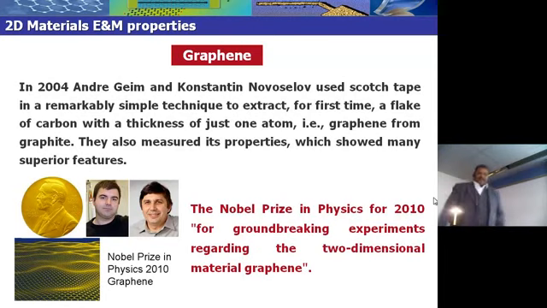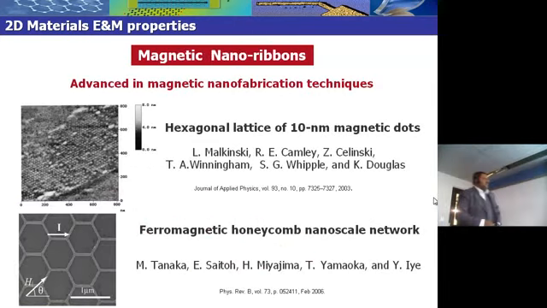At the same time, we have advances in magnetic fabrication techniques. Now scientists, using nanofabrication techniques, were able to make a hexagonal lattice of 10 nanometer magnetic nanodots, and in this case we have two-dimensional nanomagnetic ferromagnetic dots.